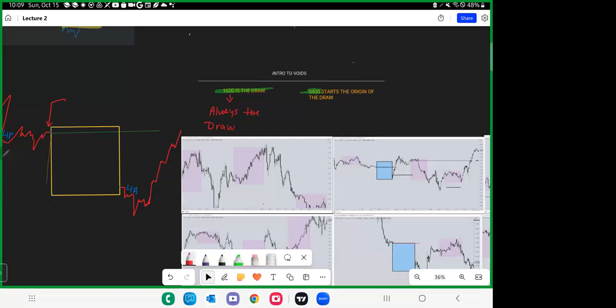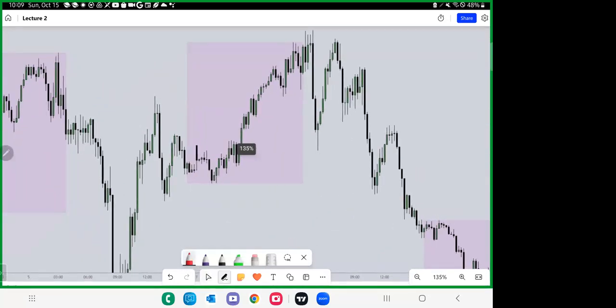Right. So I'm looking at these examples here. The opening price, this purple box, is 0400. This price here on this candle, I'm sorry, this is 1600.